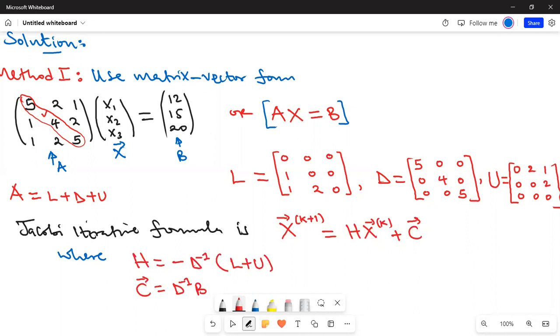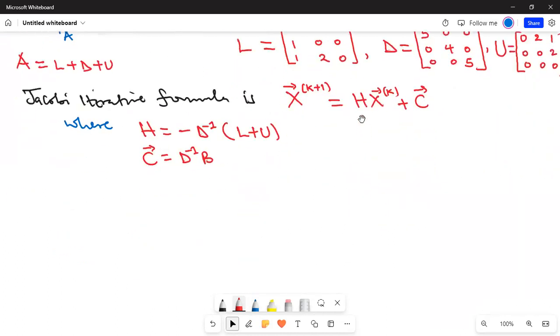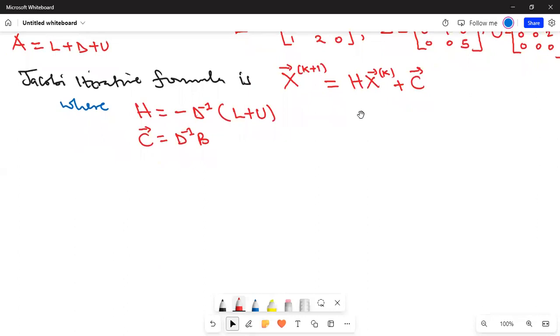You also know how to multiply matrices. First of all, you need to find D inverse and then multiply that by the sum of L and U. Let's start by finding D inverse. You know how to find the inverse of a matrix? Use any method.